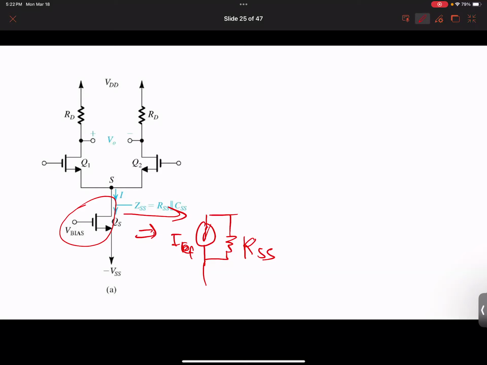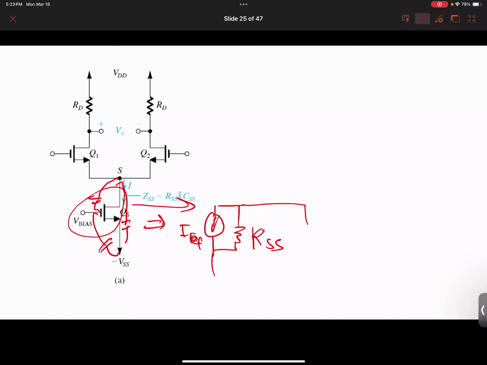So in the midband, we didn't worry about something else. We only worry about this, right? But then in the high frequency, you see what happens? This will have capacitance. Remember, this has capacitance between here, it has capacitance over here. So typically, you might have capacitance over here too, right?